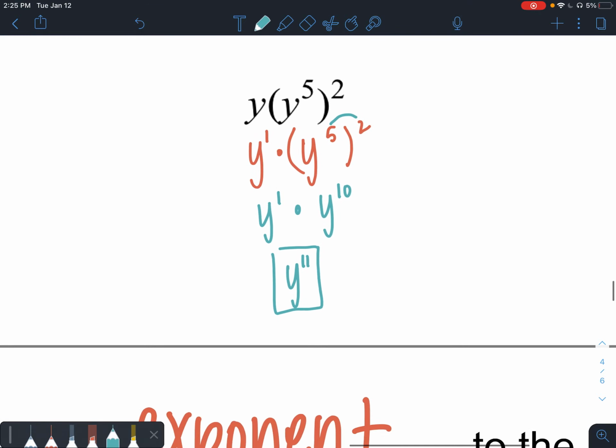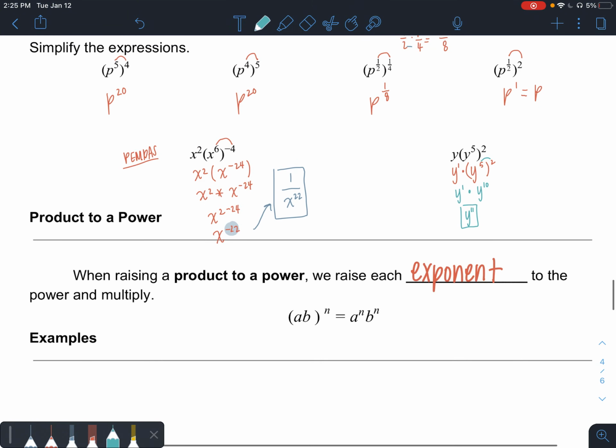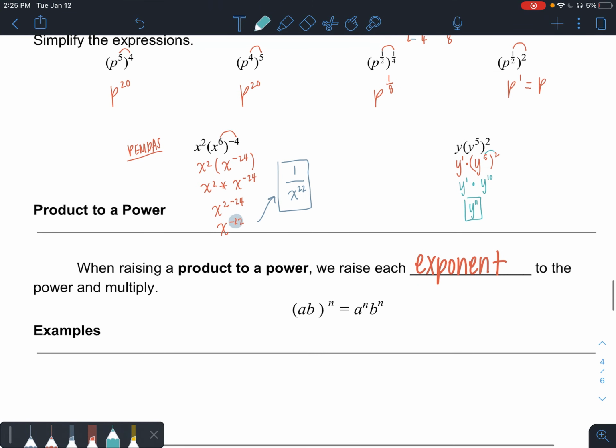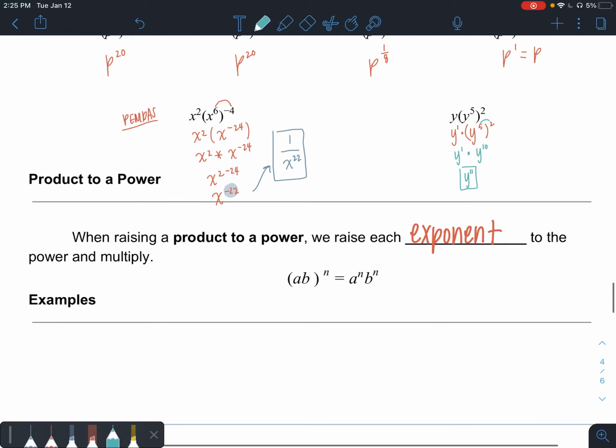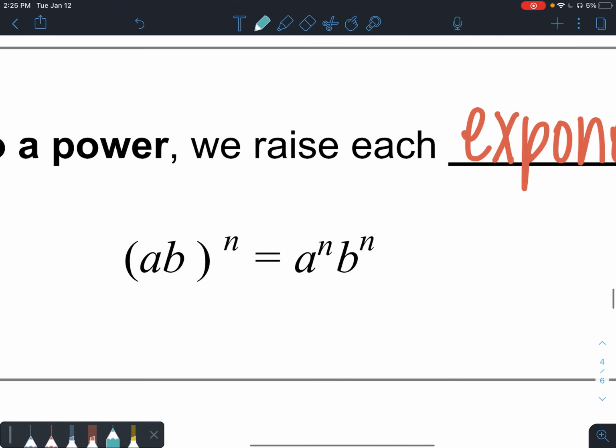Okay, now when we have a product to a power, this is a pretty easy concept. We just take each part of it to the exponent and multiply. So here's our example. I take that a and put it to the n, and that b and put it to the n. It's kind of like you're distributing the exponent.